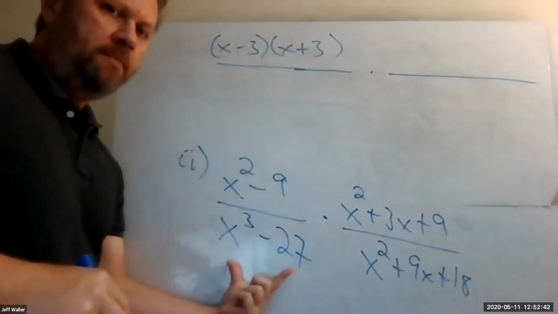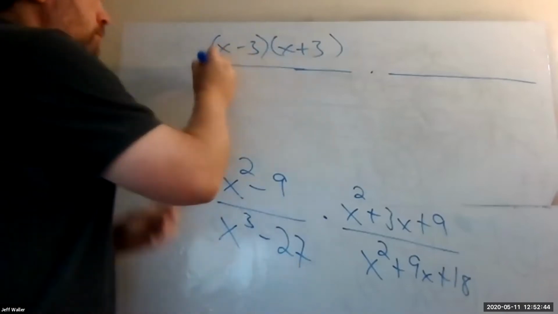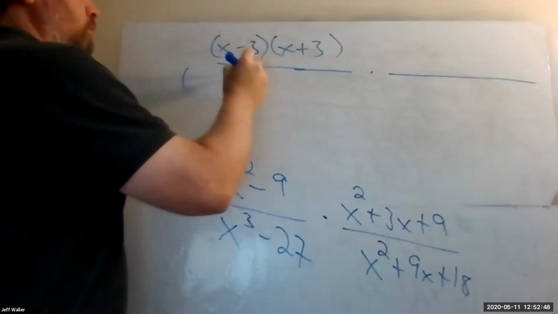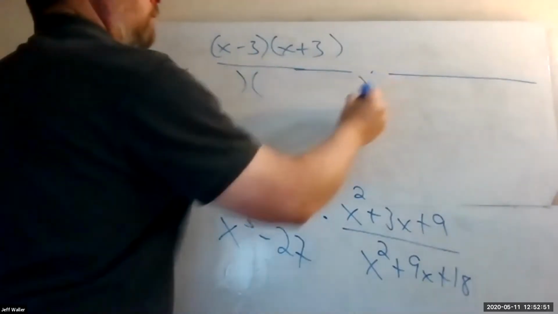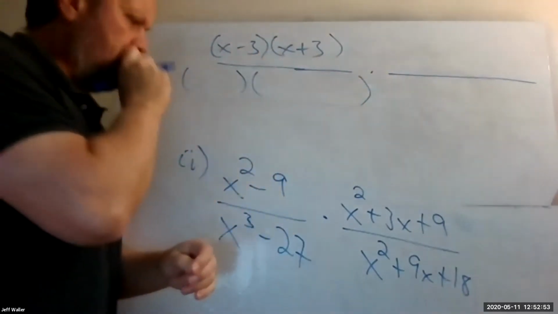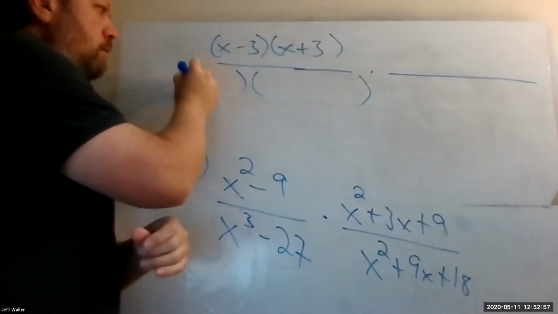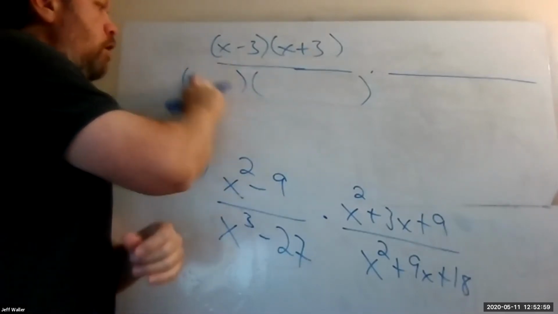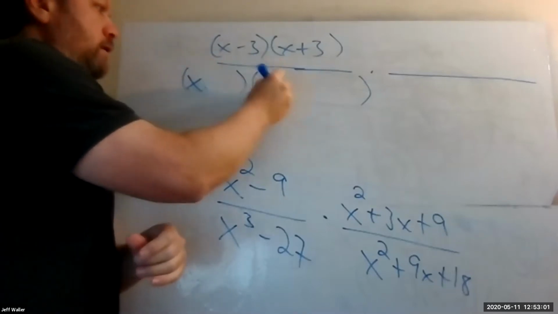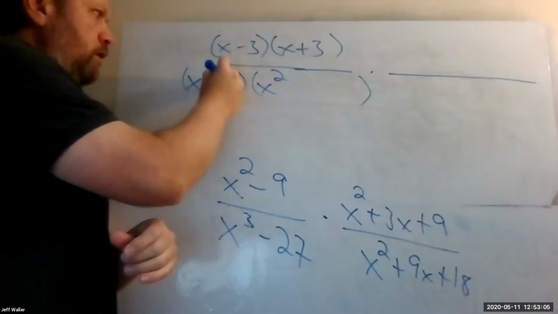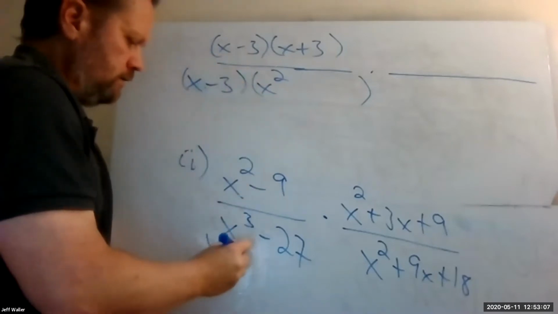So the bottom, X and X cubed, you got a little dude, and minus 3 plus 9. An X and an X squared. What goes here? Minus 3, because this is X, 3, 3.